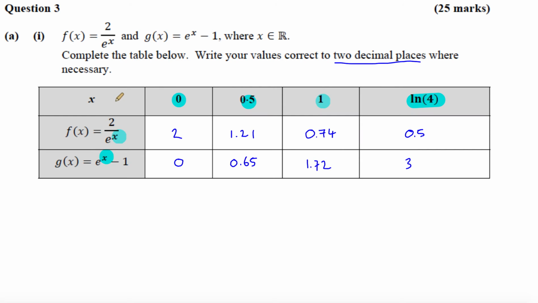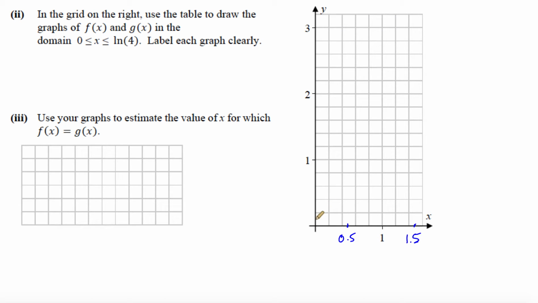Okay, so let's go back and have a look. So for the f of x function, we're going to have 0, 2, 1.21. So let's do them first. So 0, 2, going to be here. Then 0.5 up to 1.21. So there are 5 squares in between here. So that's 1.5.